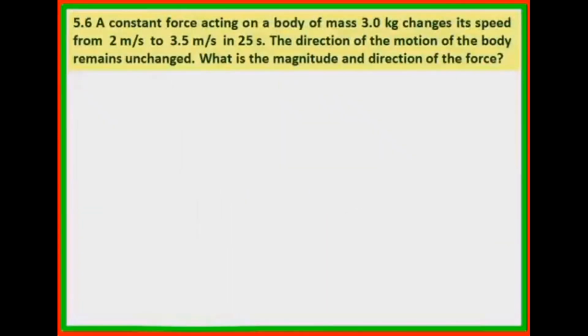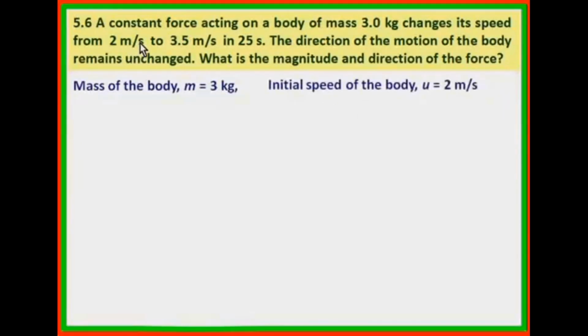Question number 5.6. A constant force acting on a body of mass 3 kg changes its speed from 2 to 3.5 meter per second in 25 seconds. The direction of the motion of the body remains unchanged. What is the magnitude and the direction of the force? So the mass given here is 3 kg and the initial velocity is 2 meter per second.